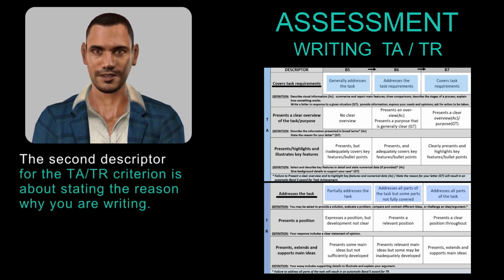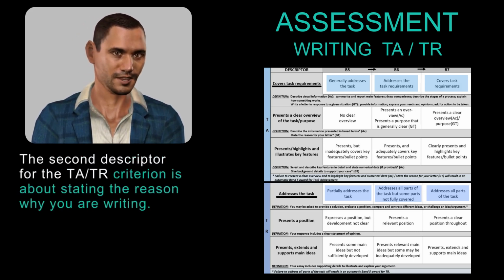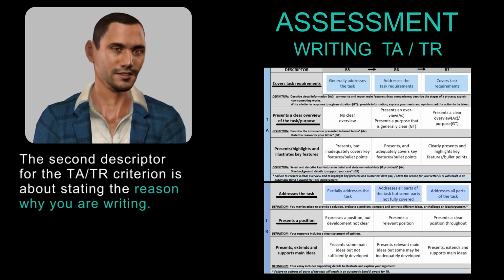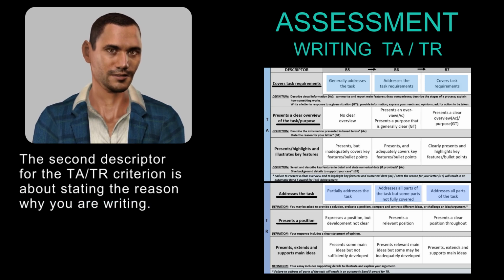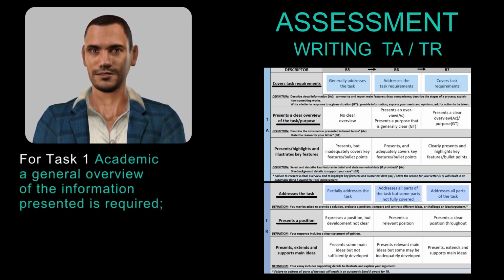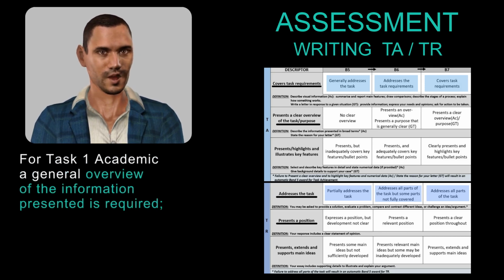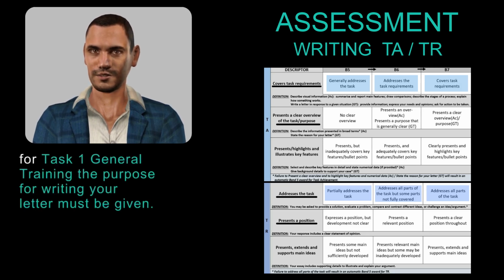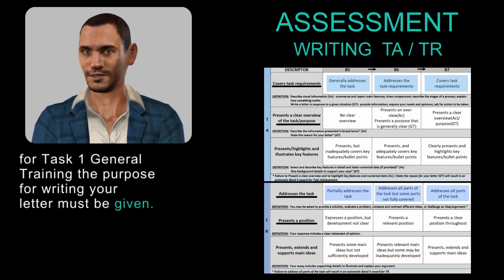The second descriptor for the TATR criterion is about stating the reason why you are writing. For task 1, academic, a general overview of the information presented is required. For task 1, general training, the purpose for writing your letter must be given.